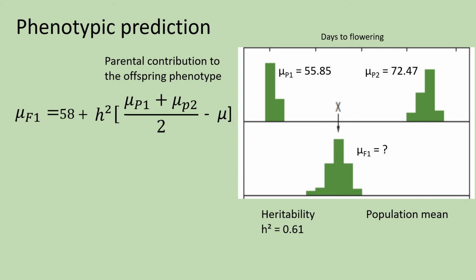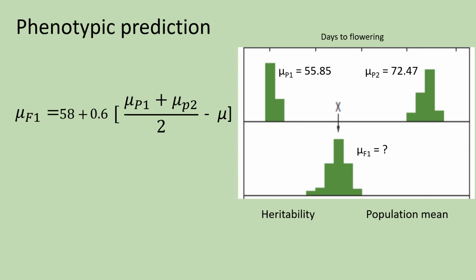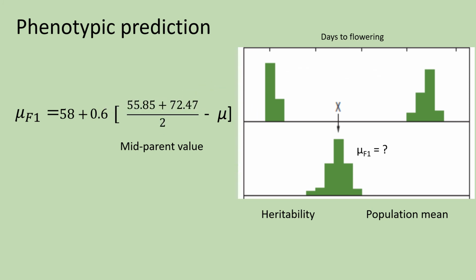Now, the parental contribution is obviously proportional to the trait heritability and to the mid-parent value, or that is the average phenotype deviation from the population mean. So here is the mid-parent value, and this is the deviation from the population mean.